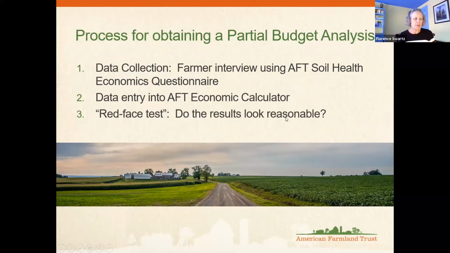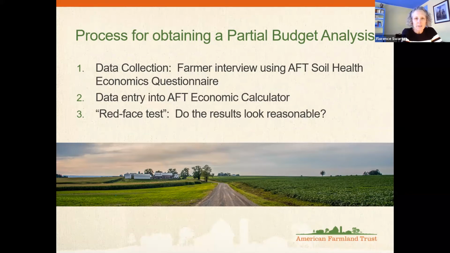So now I'm going to turn to talking about what we did to get to the partial budget analysis, and the various parts of it. I try to simplify things, so I really only have 3 steps here, but each step is pretty complicated and there's quite a bit going on behind the scenes. We start out with data collection, where we conduct a farmer interview using the questionnaire, and then we move into entering that information into the calculator.